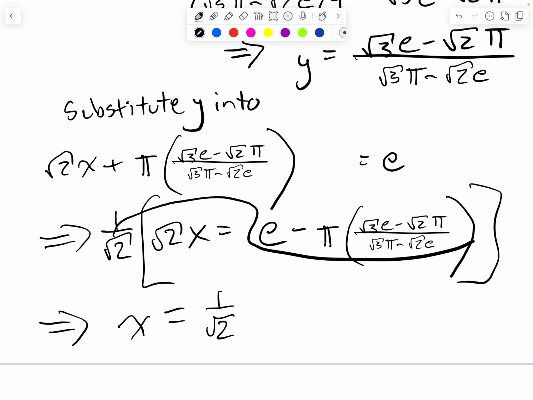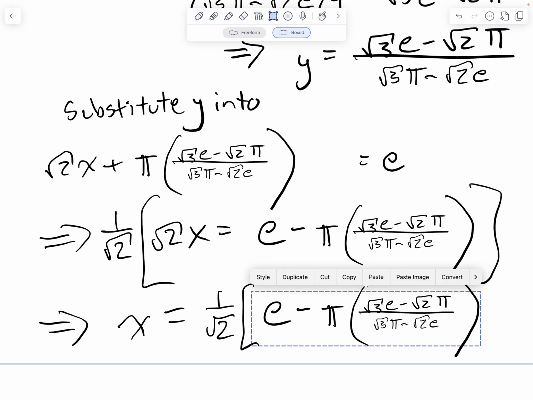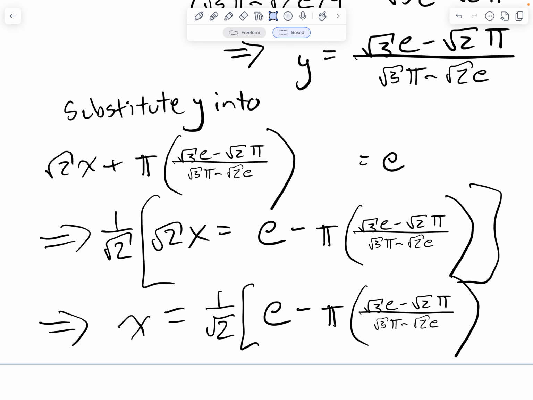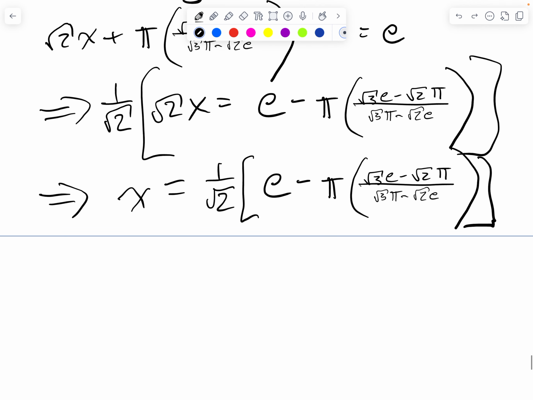Now when I do it over here, I'm going to take this guy, copy, paste, boom, and there. That's it. That's the number. This is the name of the number. Sure, I could simplify it, or not.